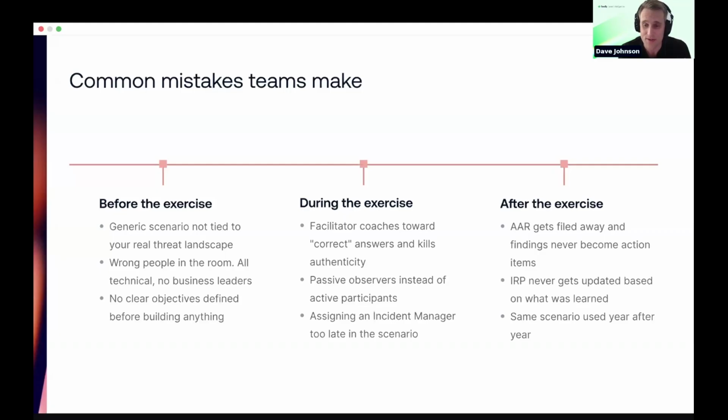And after the exercise, oh, same scenario used year after year. Speaking of ransomware, another ransomware attack. That's probably the most often used scenario, but think about less conventional things that are high impact and not super complicated. Maybe it could be a disgruntled insider, someone who has continued access to your internal accounts.